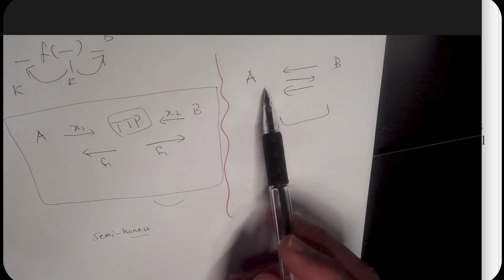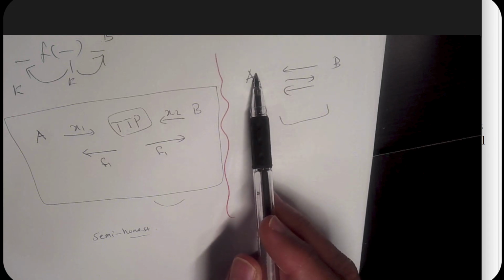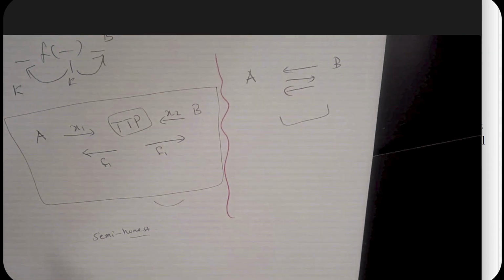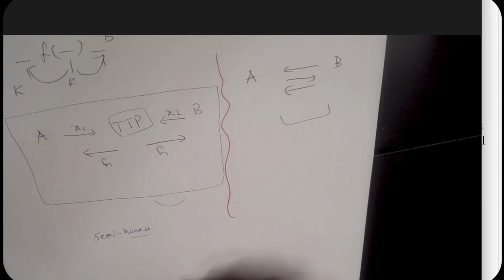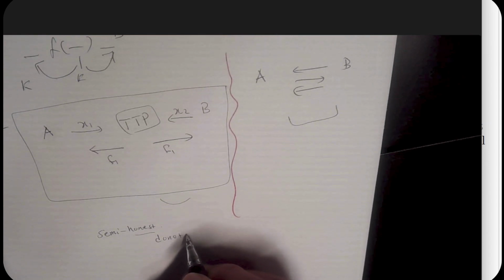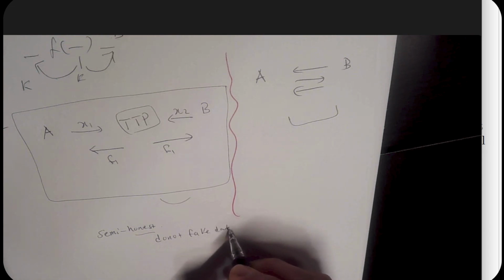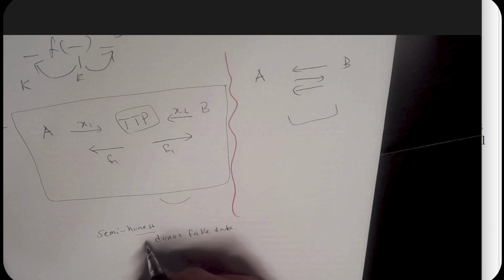Of course, there should be some secure communication to exchange this private information, but you are not going to lie about your data. What else? Let me write this one: don't fake data. No lying. Good, this is honest.